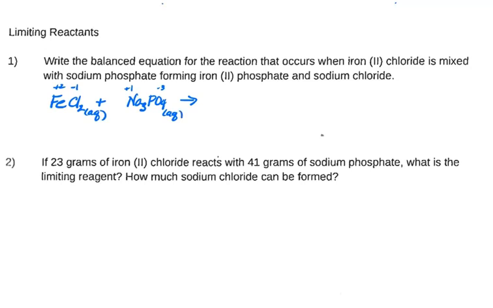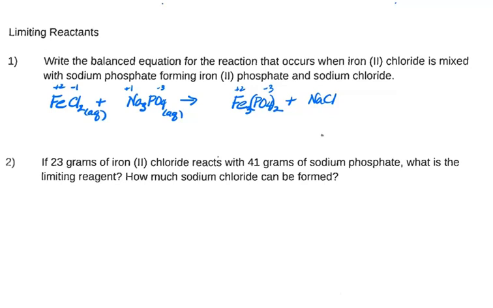Anyway, we're just going to do a double replacement. So I'm going to get iron phosphate and sodium chloride. Now, iron phosphate, I'm going to have to check my charges. Iron is a +2, we said, and phosphate's a -3. So that should be 3 of those and 2 of those.